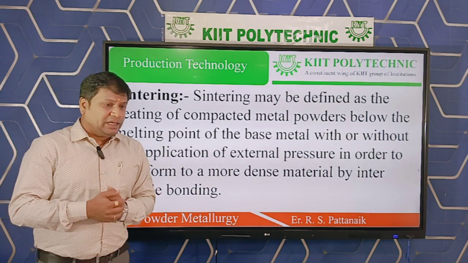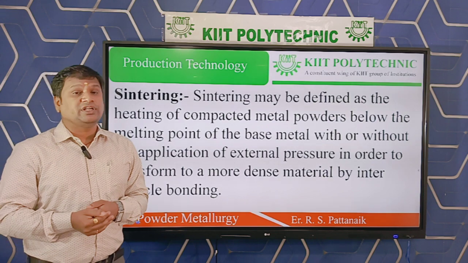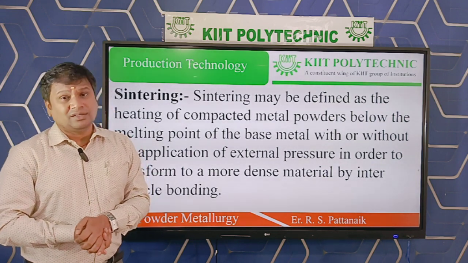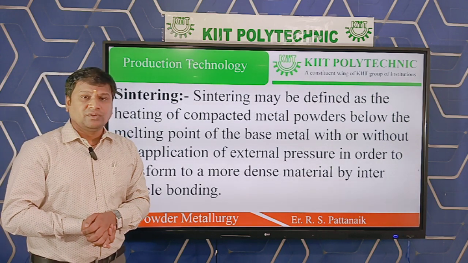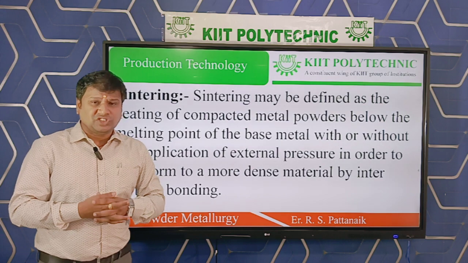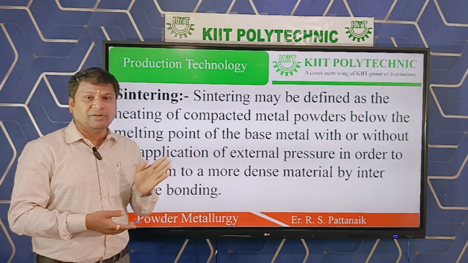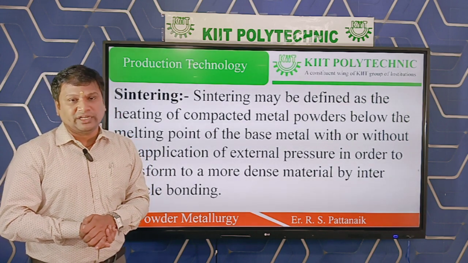Okay, in this step the mechanical as well as physical properties are increased, like controlled porosity, density, mechanical strength, ductility, etc. Generally for steel the sintering temperature is 1000 degrees centigrade to 1250 degrees centigrade.